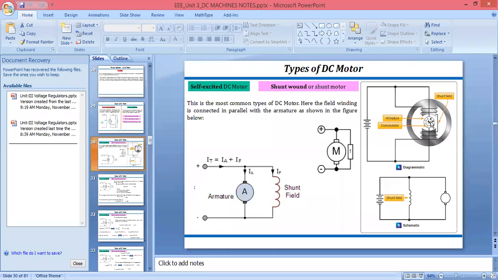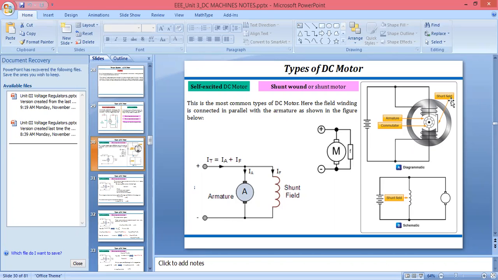So here we can see this field winding. You can see how I have taken this field winding. We can take this field winding in parallel. We can say it is a shunt field, or parallel.